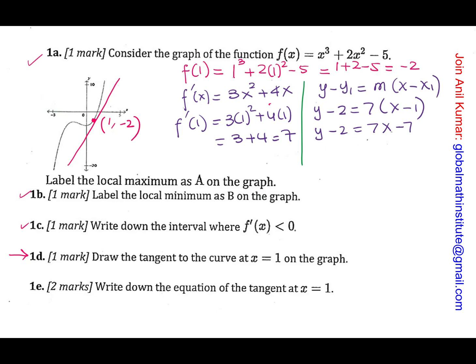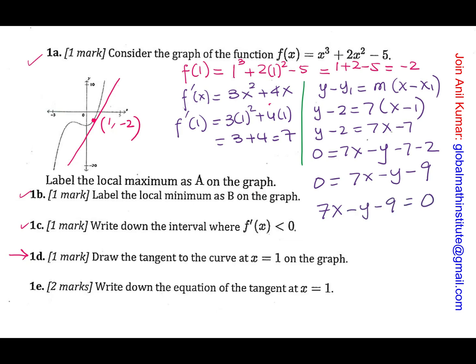Let's rearrange. We can write this as 0 equals 7x, taking y to this side, minus y, minus 7 minus 2. And that gives us 7x minus y minus 9, or you can also write this as 7x minus y minus 9 equals 0. This is the standard form, right?